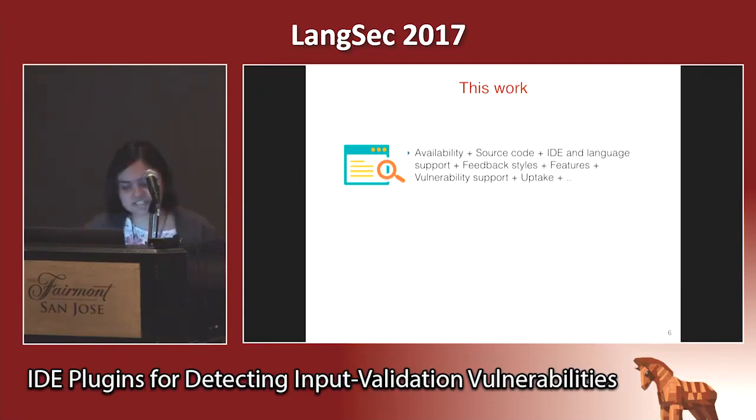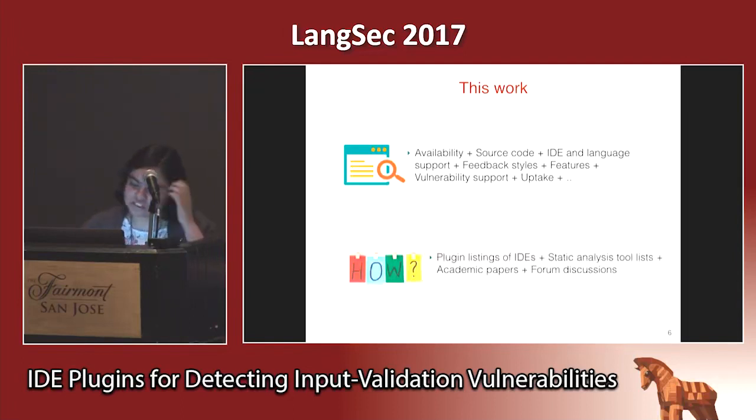So how we built the list of the plugins that we want to study is, we went through the listings of plugins from different IDEs. We also looked at the static analysis tools to check if they have any plugin version available.